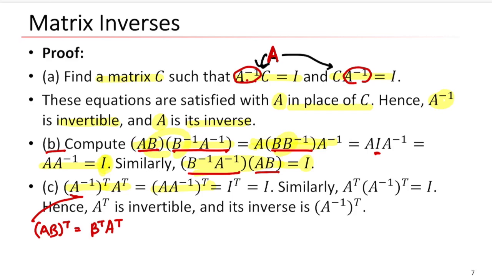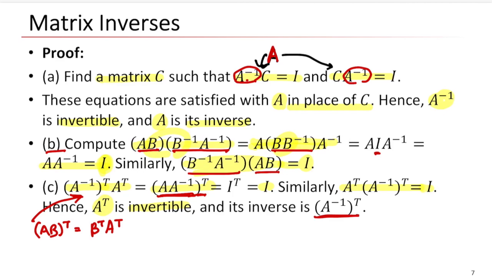So from here we can get this one. Then this is the identity matrix. Similarly, A transpose times A inverse transpose is also I. So we can say that A transpose is invertible, and its inverse will be the A inverse transpose.